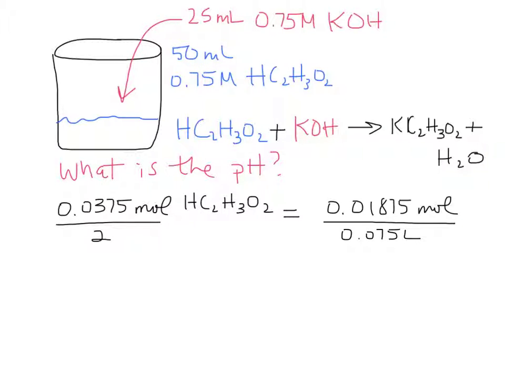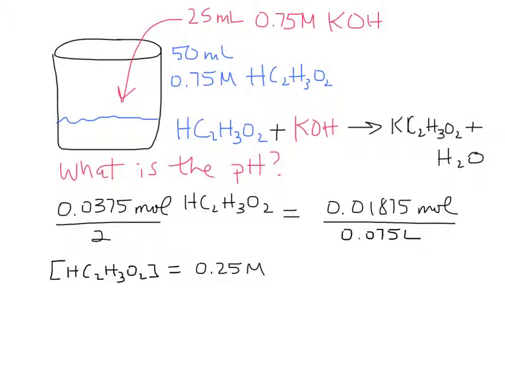And what you get there is the concentration of acetic acid after this reaction is approximately a third of what it was before. And that takes into account the volume change as well, because you might just assume, oh, it's half the concentration, but don't forget that we're changing the volume as well. So in that case, that makes it 0.25 molar.